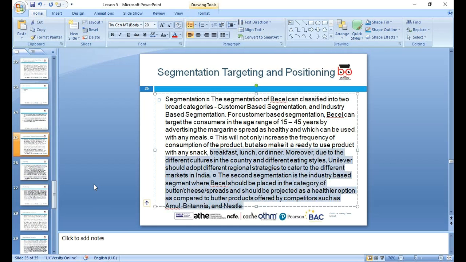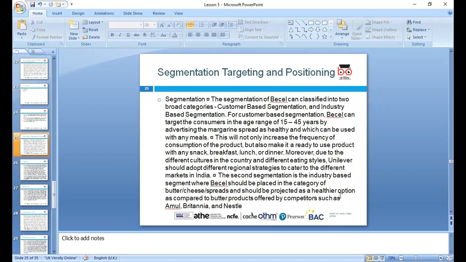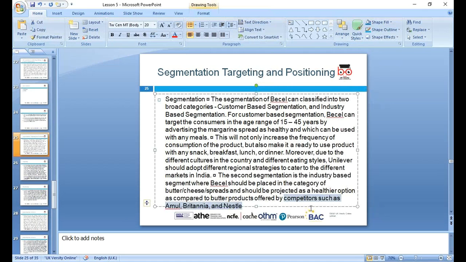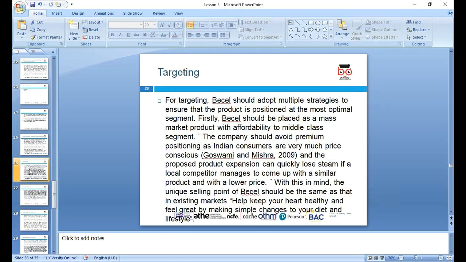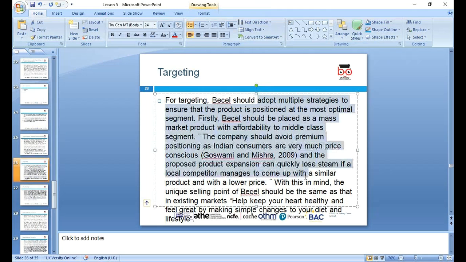So we look around at breakfast, lunch, and various other products, the best sellers, how they advertise, and Nestle and the other competitors there are in India as well. So we need to look around. Targeting: yes, Bessel should adopt multiple strategies, not just maybe one strategy.